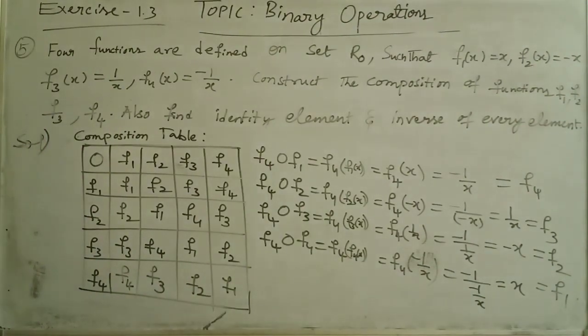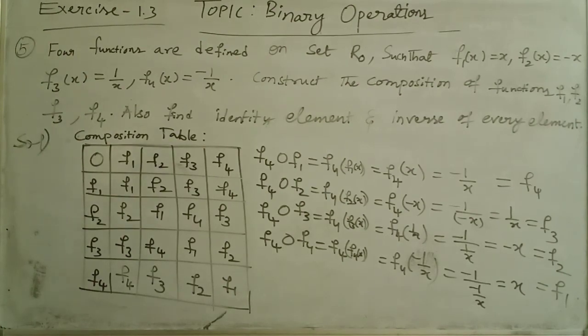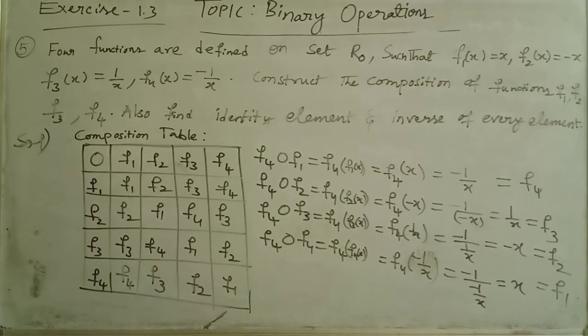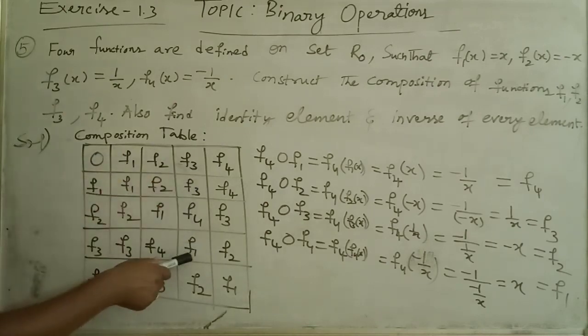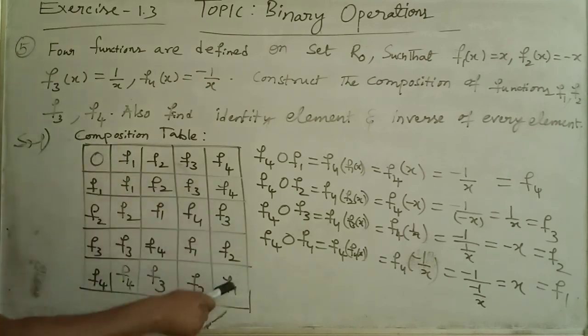So now this is about your composition table. After this composition table, we need to find the identity element and the inverse of every element. Observe carefully here: f1 circle f1 is f1, f2 circle f2 is f1, f3 circle f3 is f1, f4 circle f4 is f1.